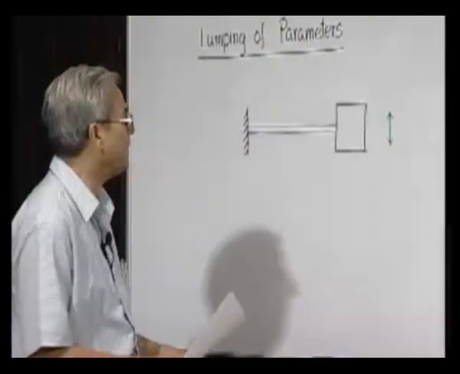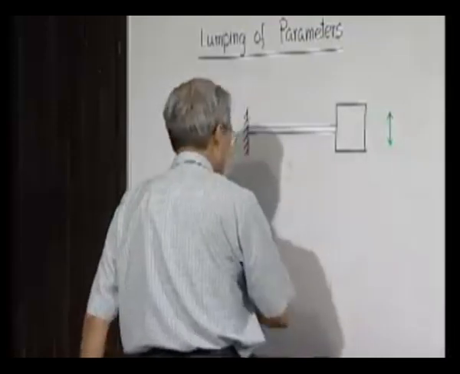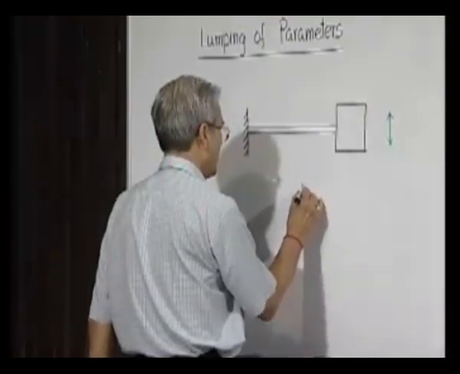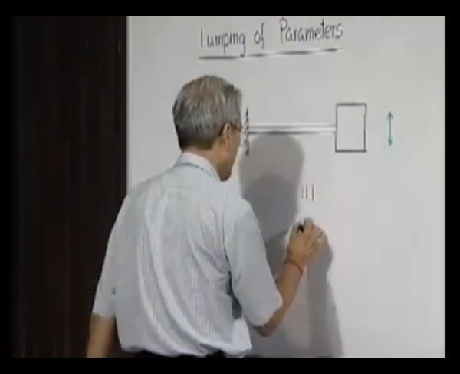Now what lumping means is that we can say that this system is more or less equivalent to this.